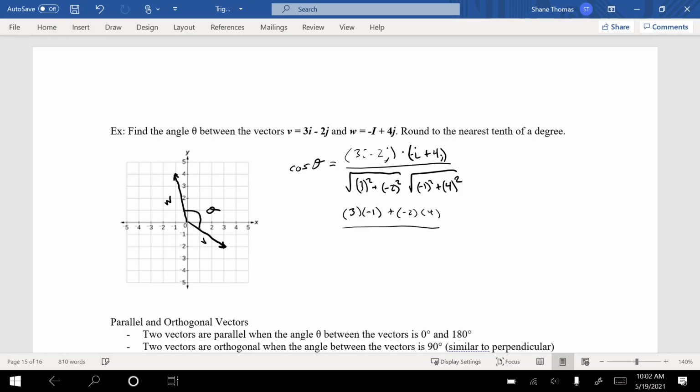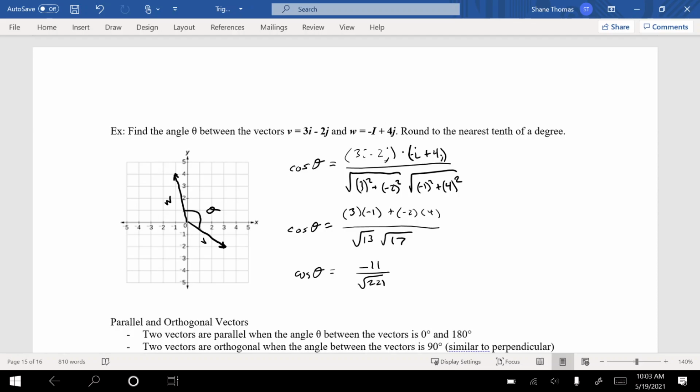On the bottom, I have the square root, so 3 squared is 9, plus negative 2 squared is 4, which is 13. I have the square root of 13 and the square root of negative 1 squared, 4 squared, so 1 and 16 is 17. And that's what cosine of theta is still equal to. Then simplify a little bit on top: I got negative 3 and negative 8, so it looks like negative 11. On the bottom, I multiply that, 221. All right with that?